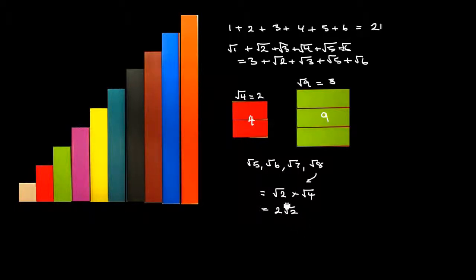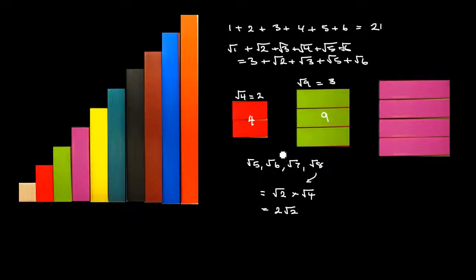But again, we can't represent root 2 using the Cuisenaire rods, which is precisely why it's represented as a surd. We leave it under the surd form, so it's in exact form. So you might want to do some further investigations to look at these properties of surds and the nature of surds, and just to get used to what's going on here.